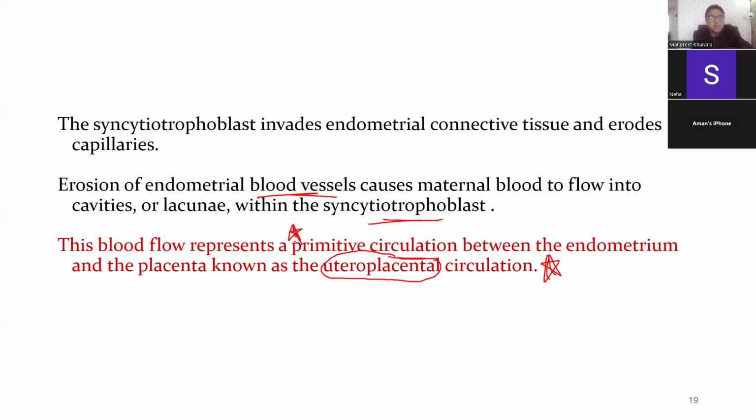Sometimes they ask you a question about the uteroplacental circulation. Now, I know that these are very primitive circulations, and questions are not very common from this particular topic, but it is very important to understand. Sometimes they put these things into the options of the question. If you know the basic concepts, you can rule out options.